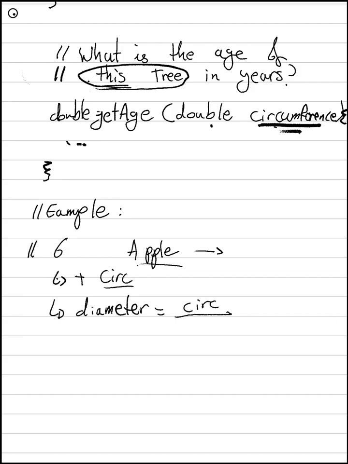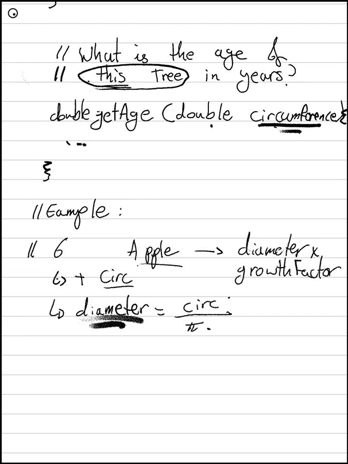Yes, exactly. So you divide circumference by pi, you get the diameter. And then we can calculate the age by saying diameter multiplied by the growth factor. Does that make sense? Yes, it makes sense.